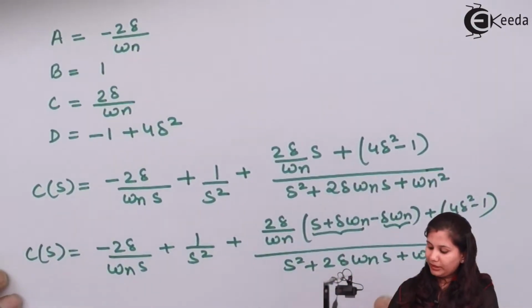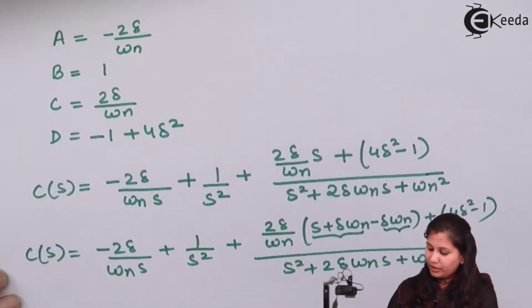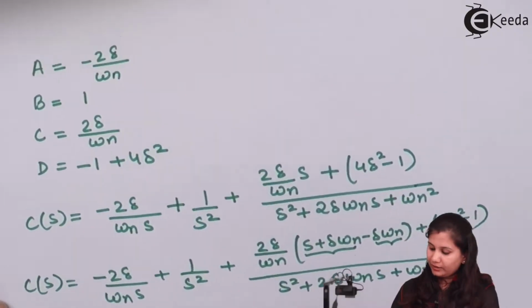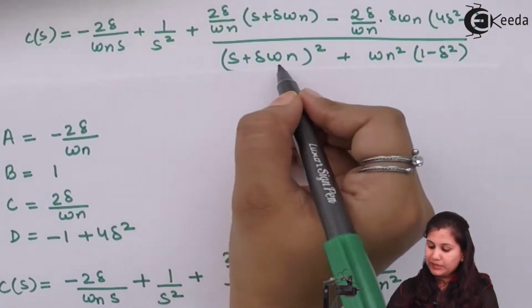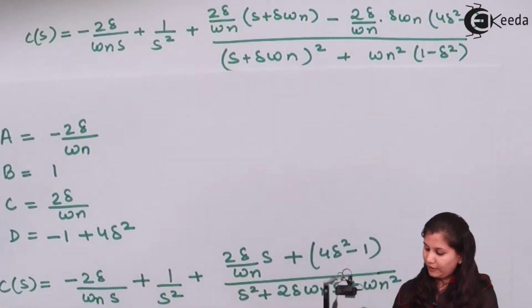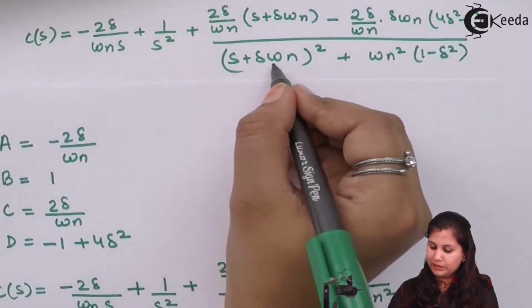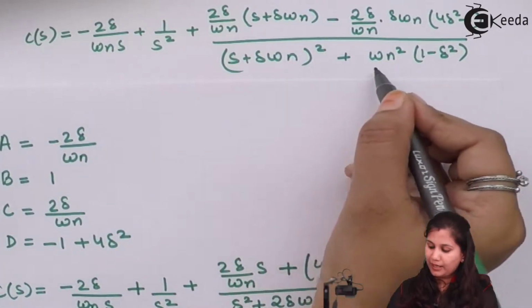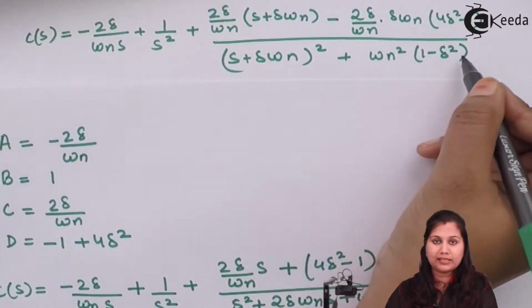Now in the denominator we were having s square plus 2 del omega n s plus omega n square. So here we can take common (s plus del omega n) whole square. We have reduced it into the form (s plus del omega n) whole square plus omega n square (1 minus del square).